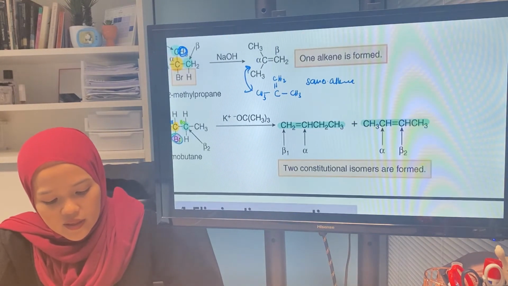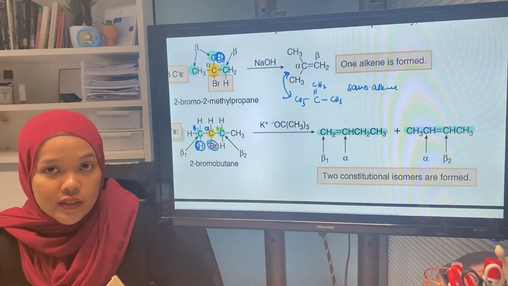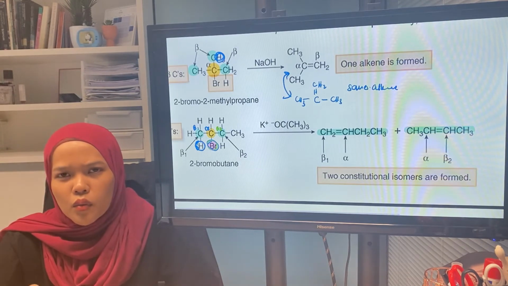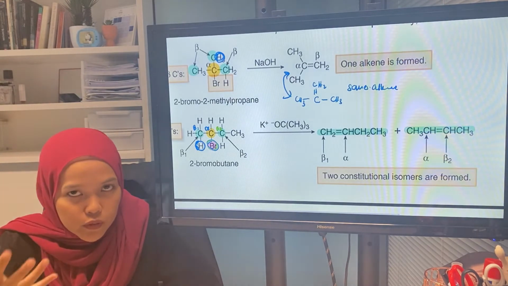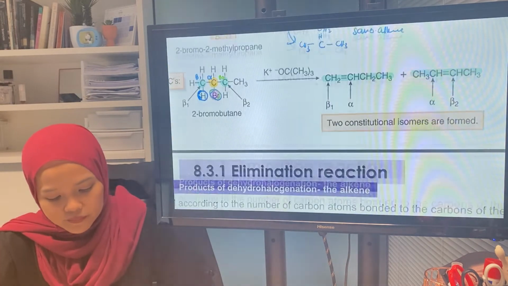As you see, product A and product B are different, so they are constitutional isomers. So which will we actually produce? We are going to look into that later.